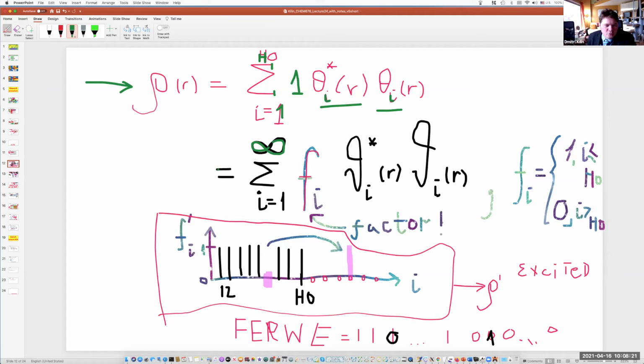But in order to put an equal sign, we will set an occupation factor, which will be 1 if number I is below or equals HOMO, and 0 if it is above HOMO. So with this trick, the first line and second line will be equivalent.